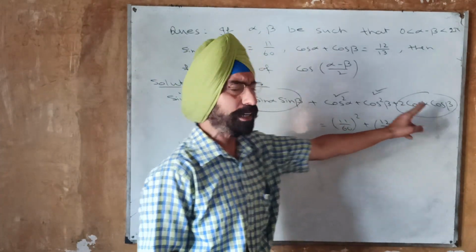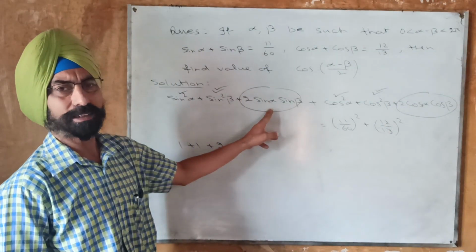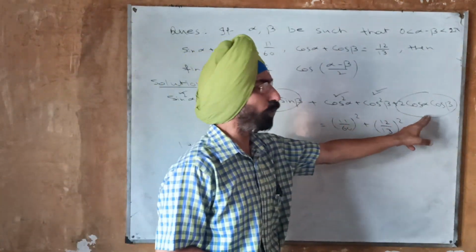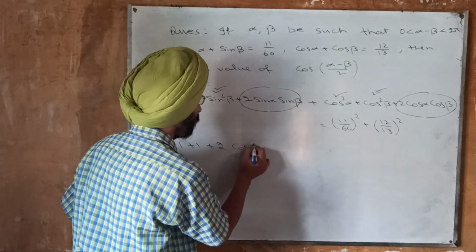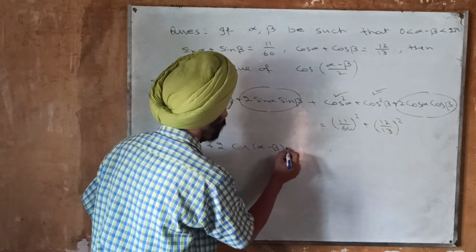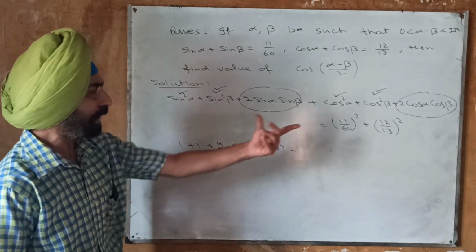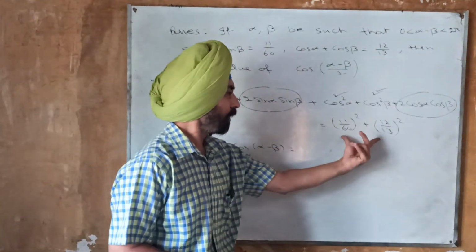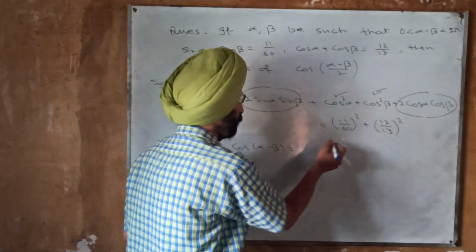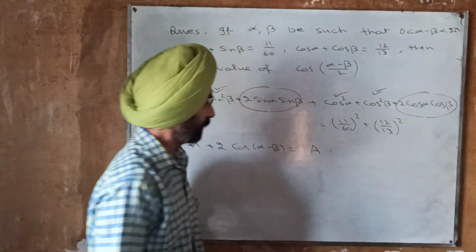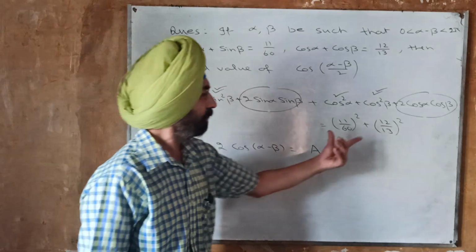Cos alpha cos beta plus sine alpha sine beta. And we know that cos alpha cos beta plus sine alpha sine beta is nothing but cos(alpha minus beta), is equal to, on the other side there is a simple term, you can square, you can add, and whatever the numerical quantity will be, suppose it is A. So A is a numerical quantity which is equal to this one.